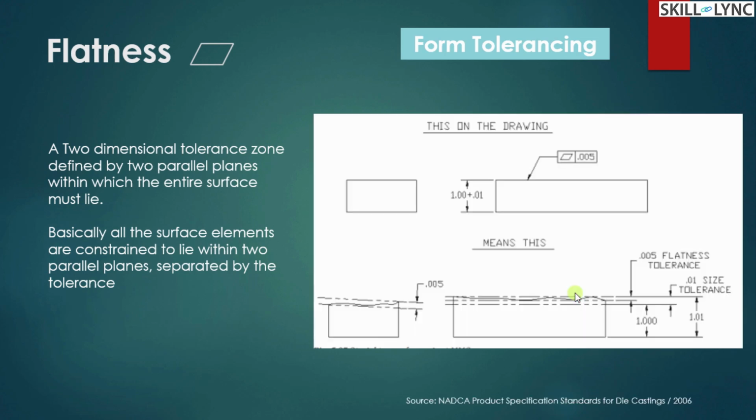the tolerance. So going by the same example here, if we specify this tolerance of flatness here with 0.005 to this overall dimension of 1.00 plus 0.01 mm, it means that you construct a two-dimensional plane here. You can see here this element.